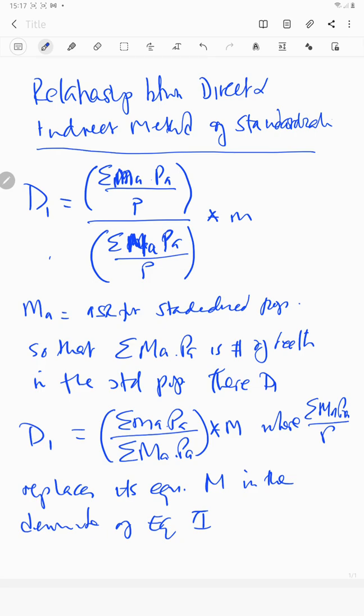Therefore, in this case, we can now see. So this is actually the value for the standardized part.